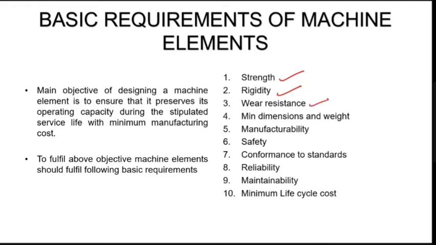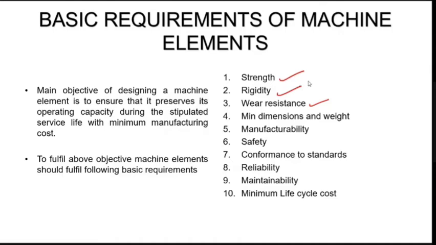Then wear resistance. Wear is the main reason for putting a machine part out of order, mainly because of friction. It reduces the useful life of the component. There are many types of wear, like abrasive wear, corrosive wear, fretting wear.